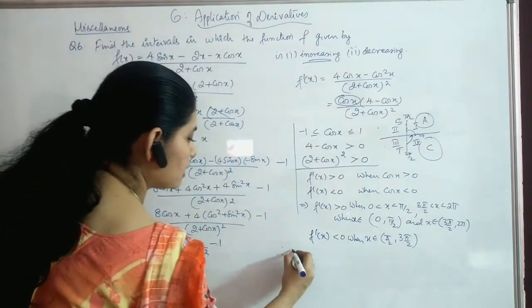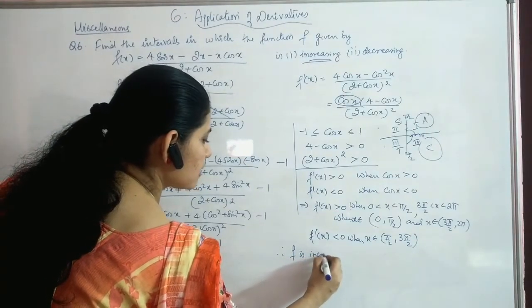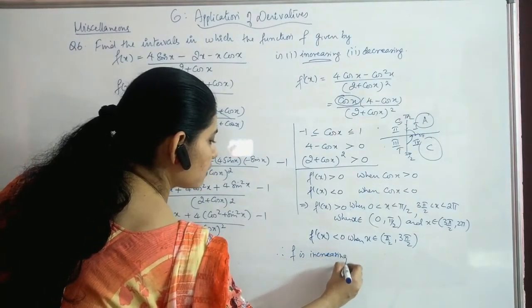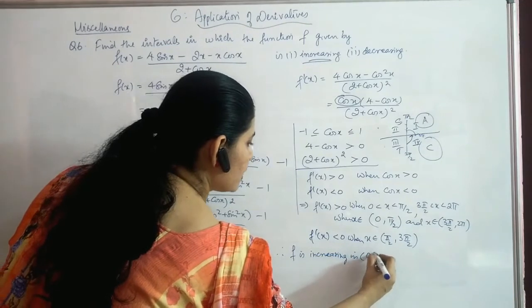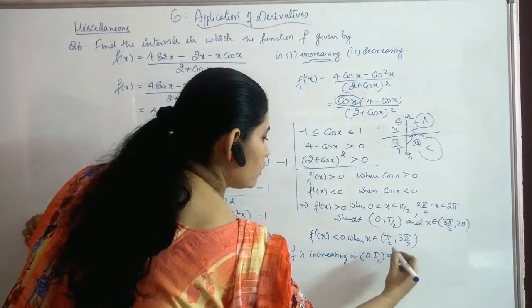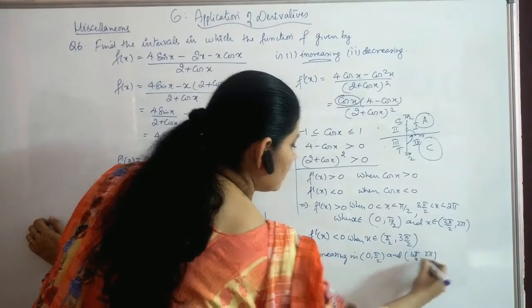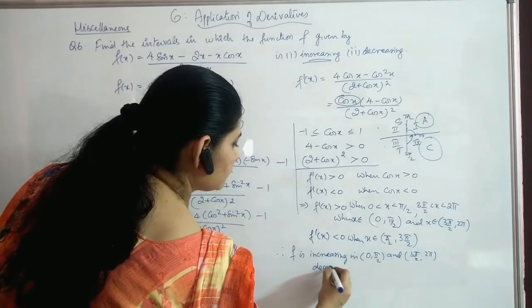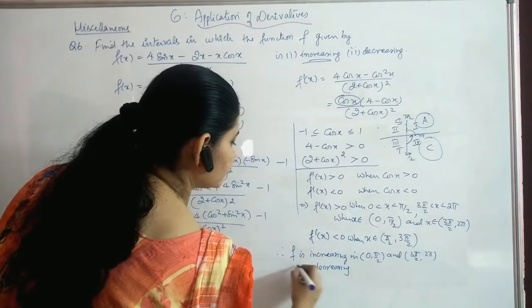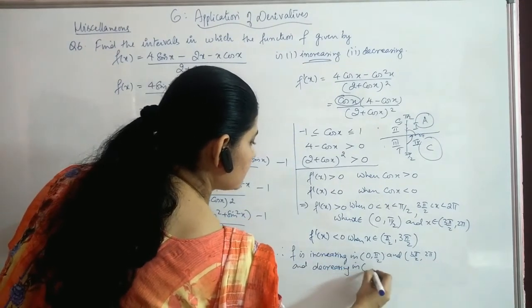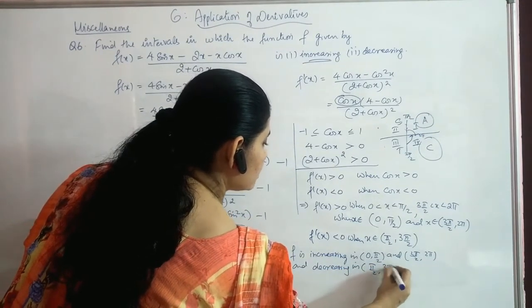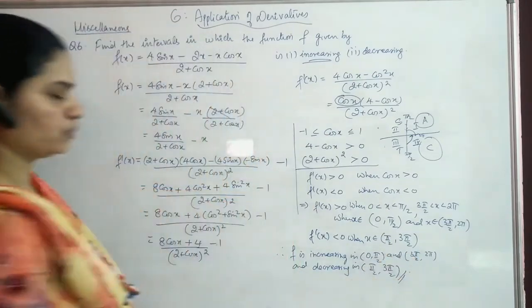So you can say that therefore f is increasing in the interval 0 to pi by 2, or you can use union also, 3 pi by 2 comma 2 pi, and decreasing in the interval pi by 2 comma 3 pi by 2.